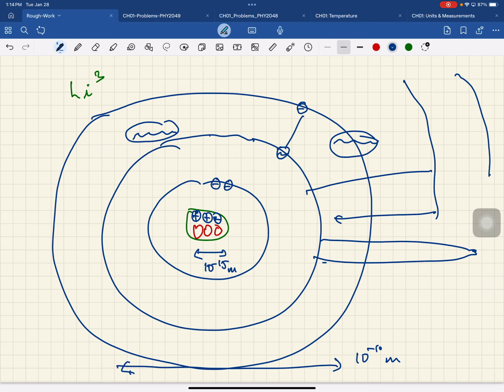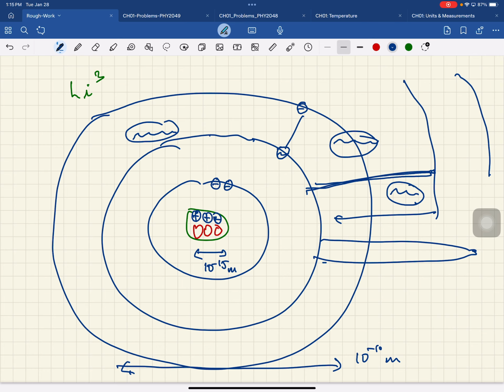Watch the light coming from it. That's how forensic scientists detect trace amounts of material. When the electron falls from here to there, it emits a unique photon. The energy of the photon is equal to the energy difference between these two levels.